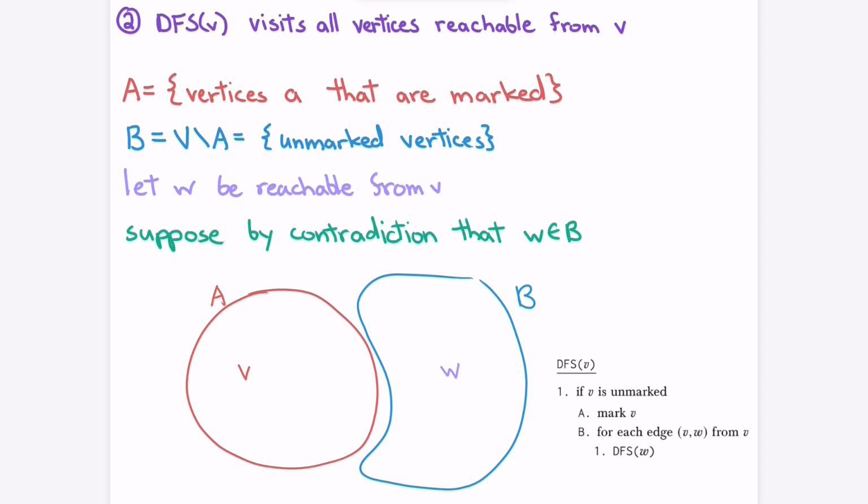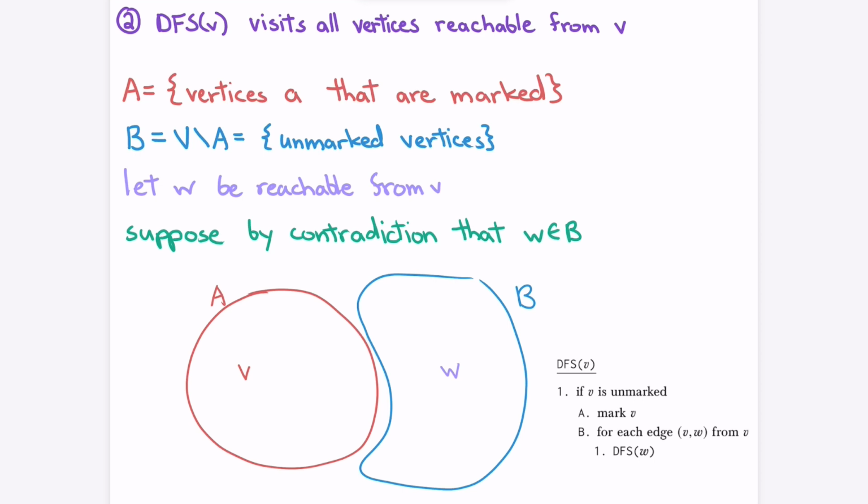So suppose there's some vertex W that is reachable from V. I can get from V to W, but for some reason it wasn't marked. So I'm setting up a contradiction. Here's something that opposes the statement I want to prove, and now I want to argue that's impossible, which means that everything reachable would have been marked, and that's what we want.